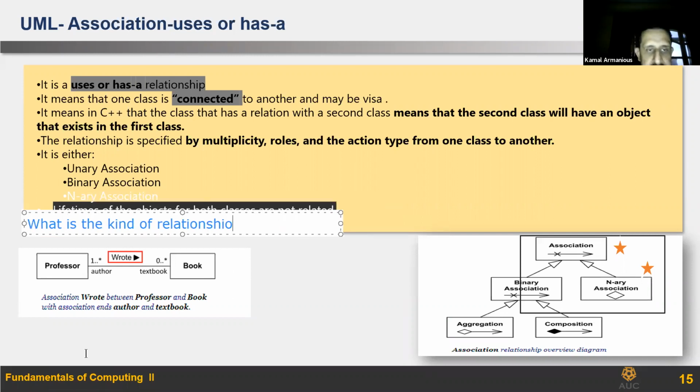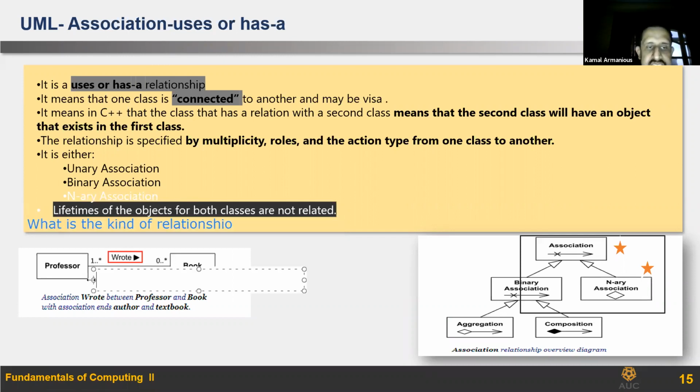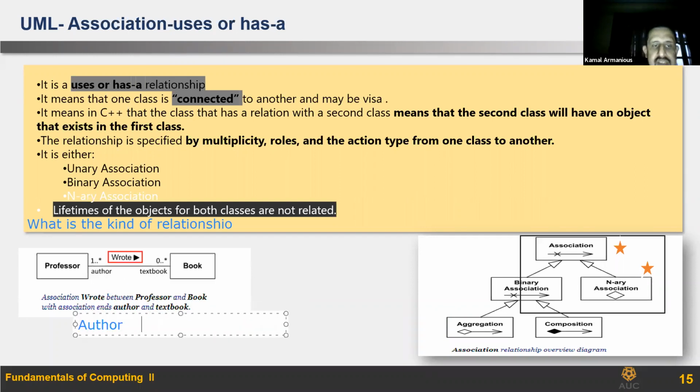Then the professor, what's his role in this relationship? He is an author. And the book, what is the role of the book in this relationship? It is a textbook.